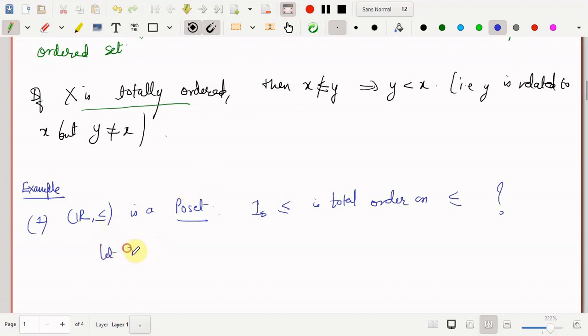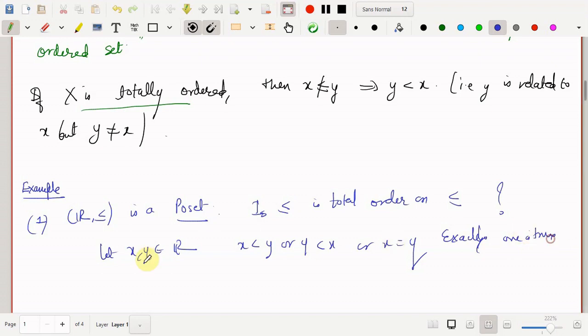If I have any two elements in R, by the law of trichotomy, either x is less than y or y is less than x or x is equal to y. Exactly one of the following is true, and this is by the law of trichotomy. And because of that, the set R with this relation is totally ordered. That is, the relation is a total order on R.